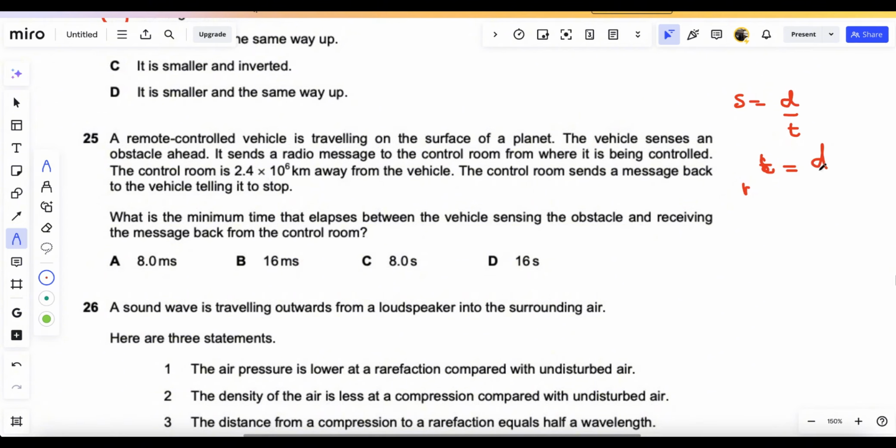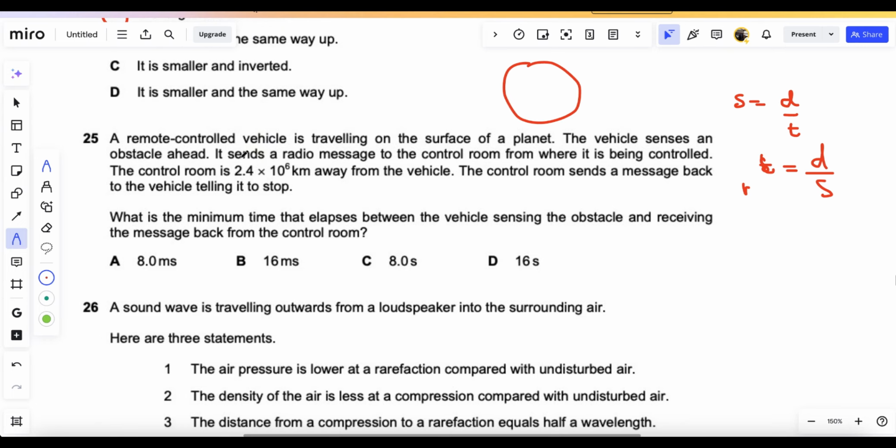This distance, let's see, is it a circular motion? A remote control vehicle is traveling on the surface of a planet. The planet is circular, right? The vehicle senses an obstacle ahead.